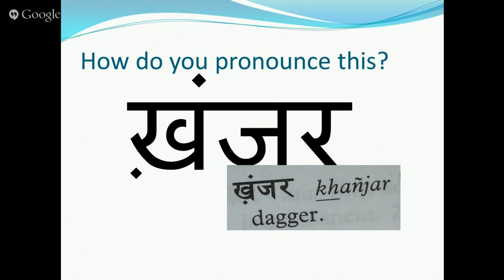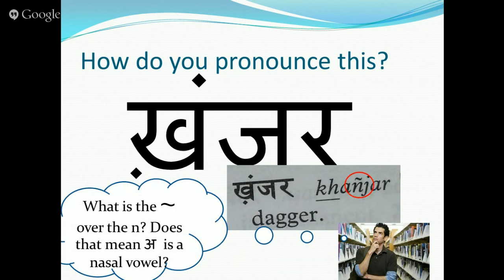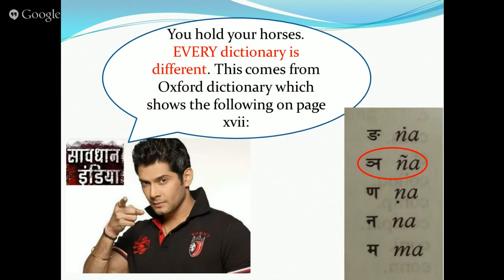Now be careful. Remember, in one of our dictionaries, the squiggly line actually meant nasalized, but it had to be over a vowel. Here we're talking about Oxford. What does that squiggly line mean? Hmm. So every dictionary is different.